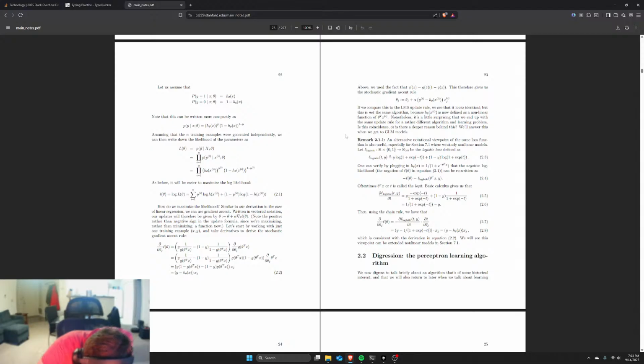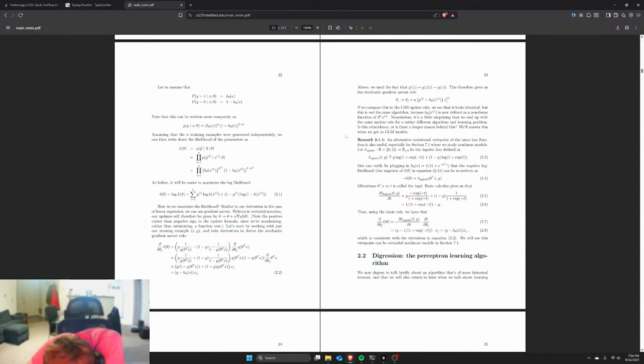Don't want to forget that, because that's important. 1 minus 1 plus exp theta t x I. Yeah, negative first.